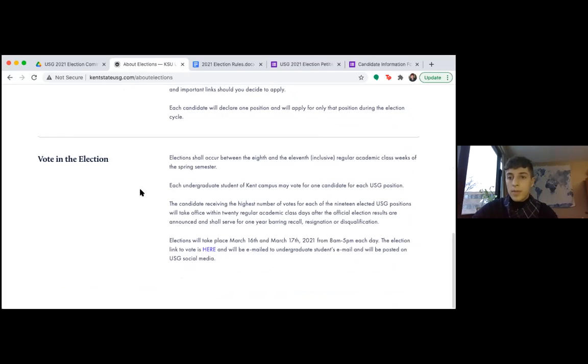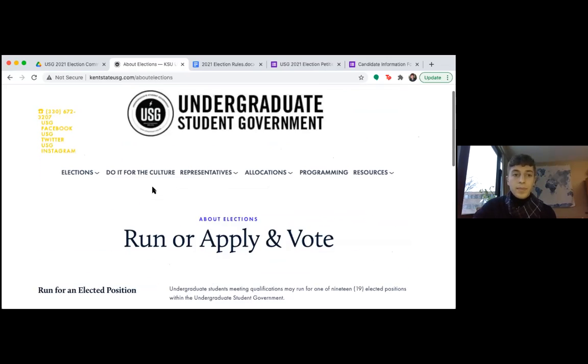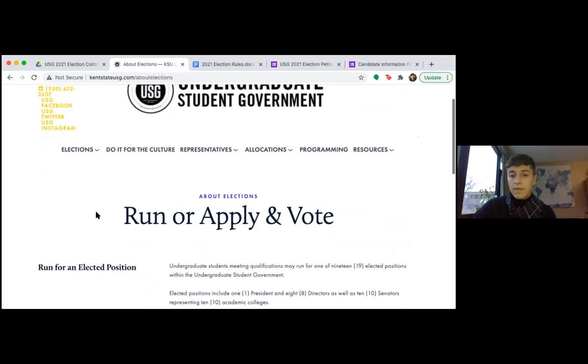Generally, I'm assuming that most of y'all aren't freshmen, but for those that are, our elections are all online. We'll talk about that a little more later. They take place over 2 days from 8 to 5, and that's how people vote. Again, feel free to read through this page if you want more detailed information.